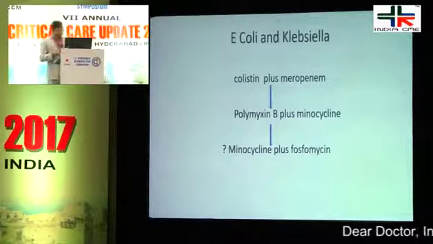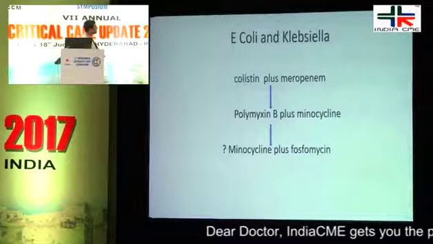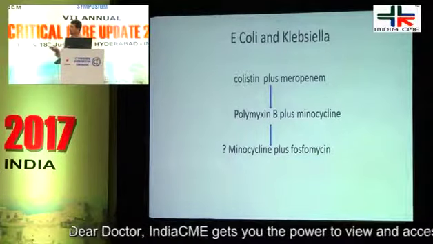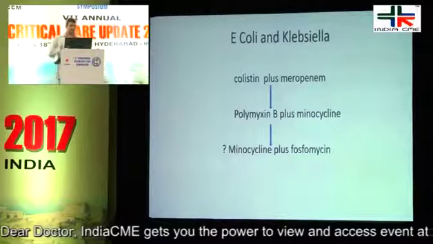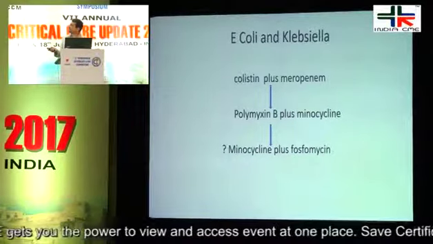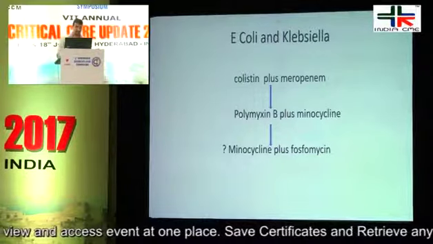So this has been our journey when it came to carbapenem resistant E. coli and Klebsiella. For the same logic, we were using colistin plus meropenem initially, high dose meropenem and colistin, and then we shifted to polymyxin B plus minocycline.